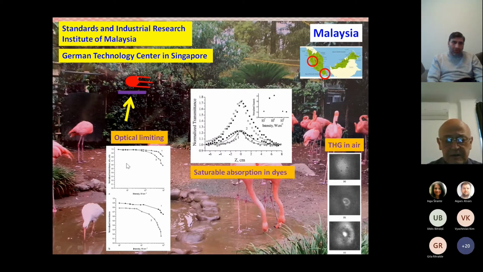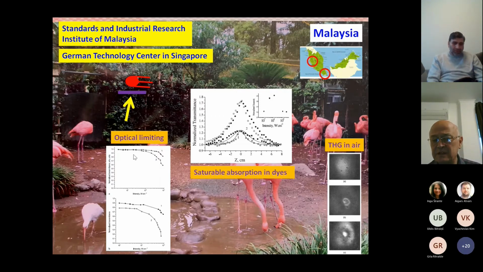It means that in some range of intensities, transmission stays the same, but with the growth of intensity, it drops, and in some cases it drops significantly. In other words, it can protect sensitive equipment and eyes against destruction. A practical application is protection of satellites against overexposure by laser radiation, which in some cases can significantly destroy the registrars of satellites.